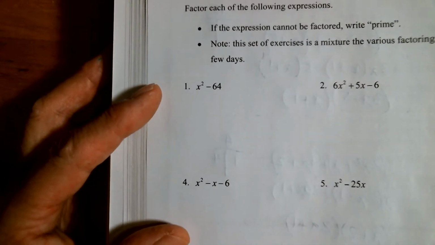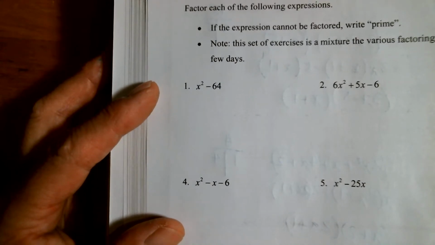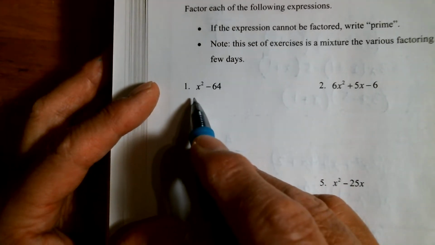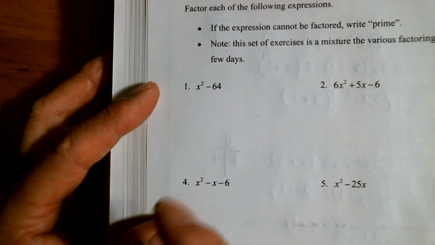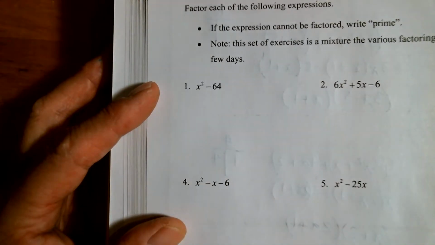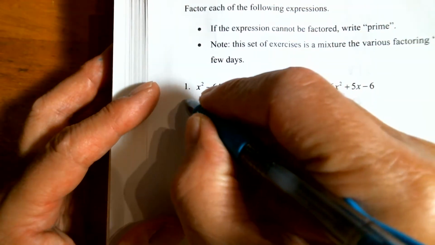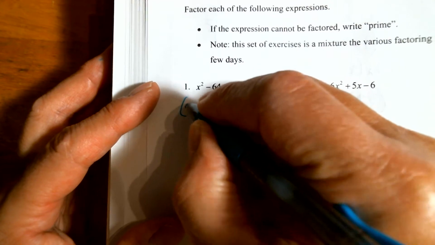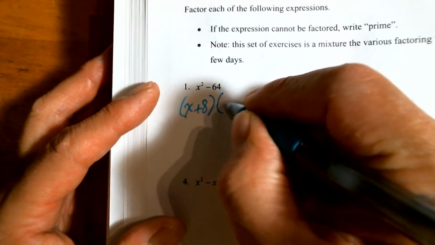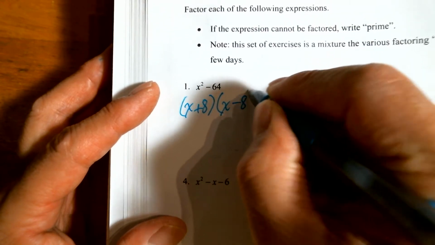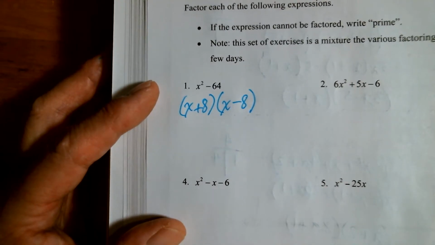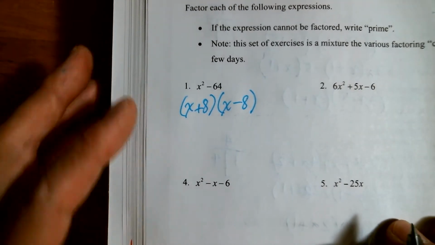I hope you did the reading so you understand that once you recognize something squared minus another perfect square number, it's a special case. So you don't have to think too much because you've seen it before. Okay, that's a special case.